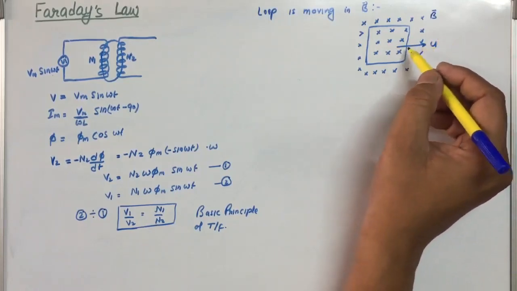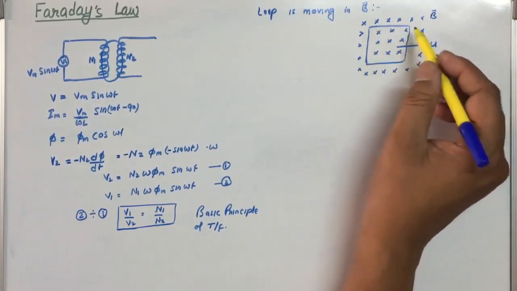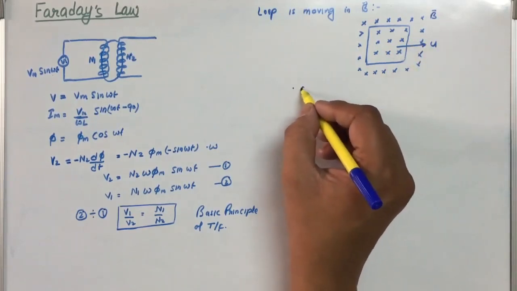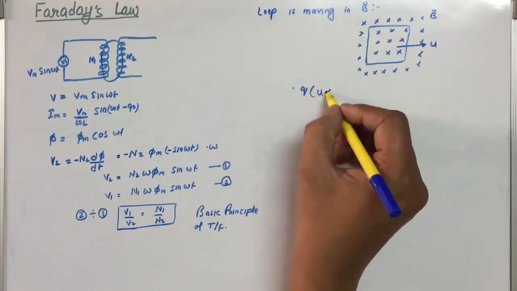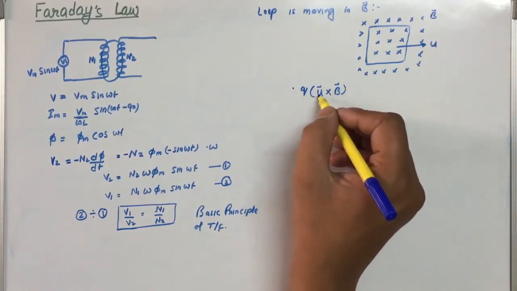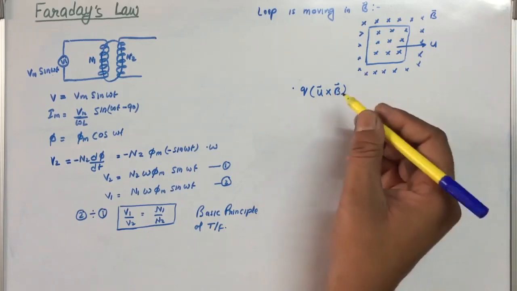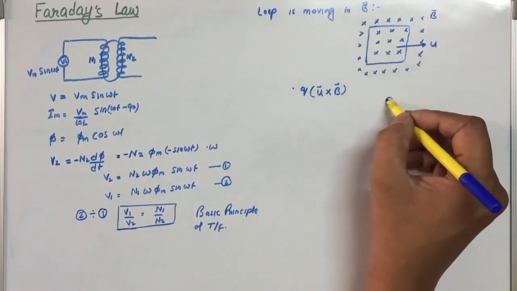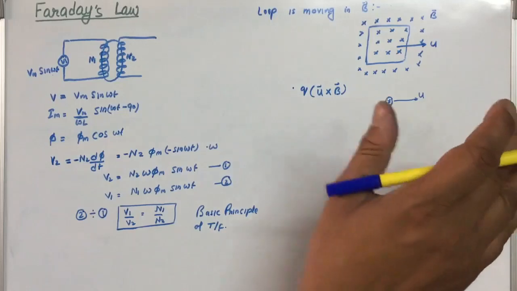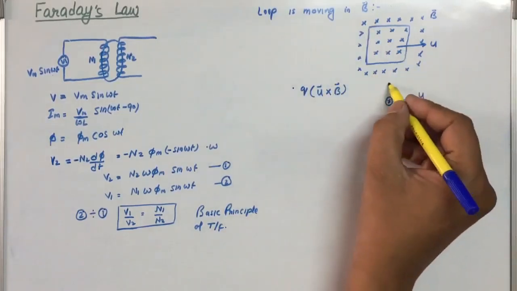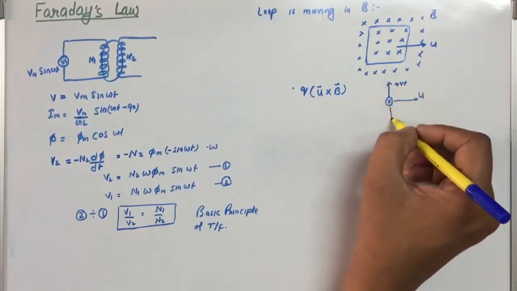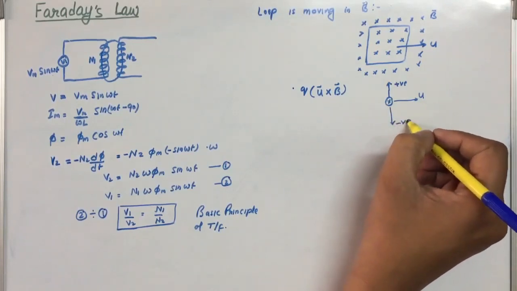The force on the charge placed in the loop will be experienced, and that can be written as Q U cross B. We have seen that the force is IL cross B; from there IL can be written like this, cross B. In this case, if the field is inside and the movement is in the right direction, then the force will be in this direction for positive charge, and in this direction for negative charge.